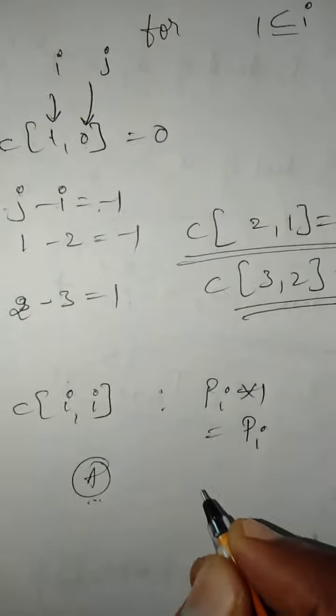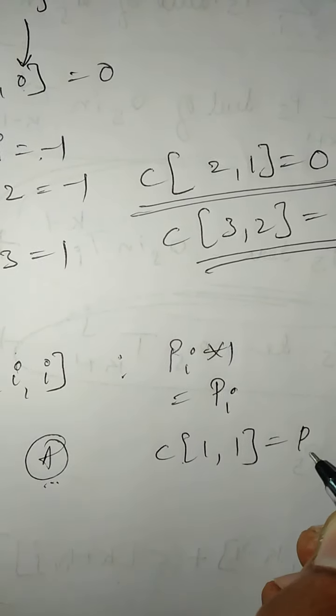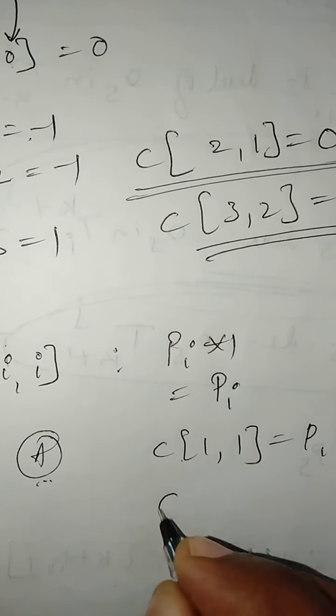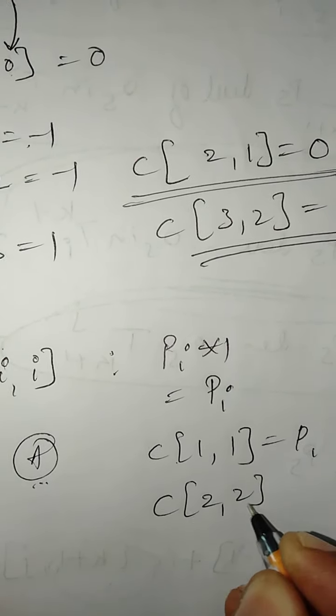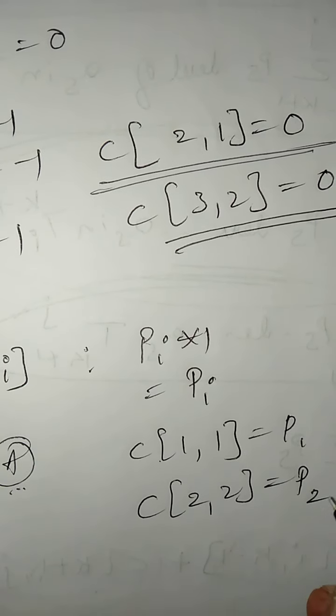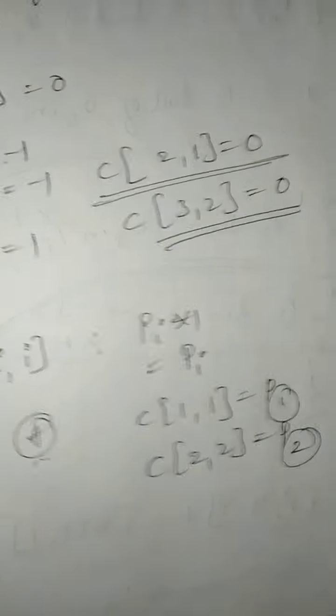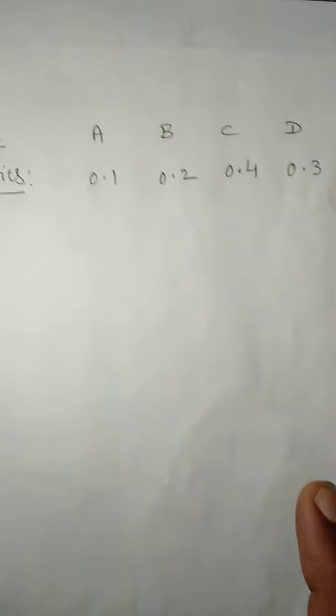Therefore, C of 1 comma 1 is P1. C of 2 comma 2 is the probability of the second key. That is how. Now come back to the problem.